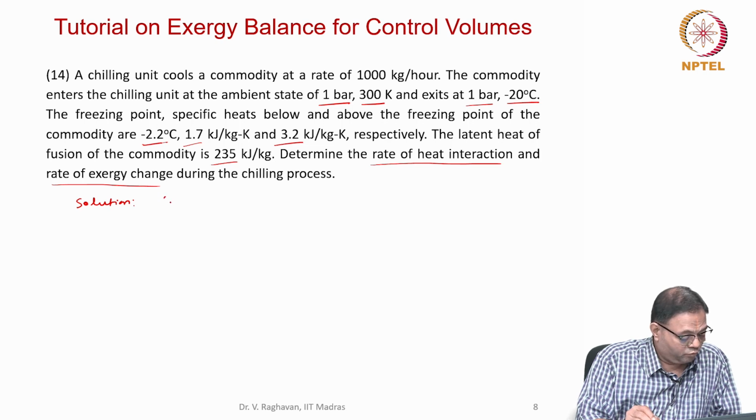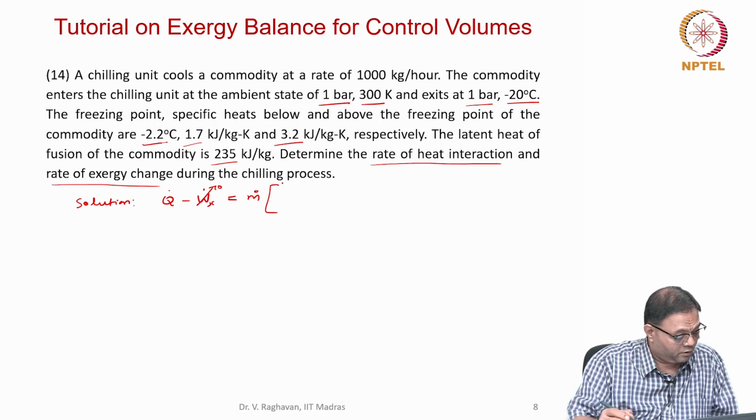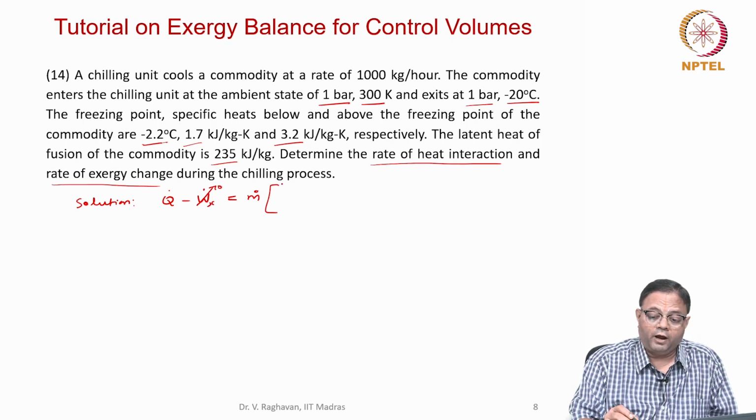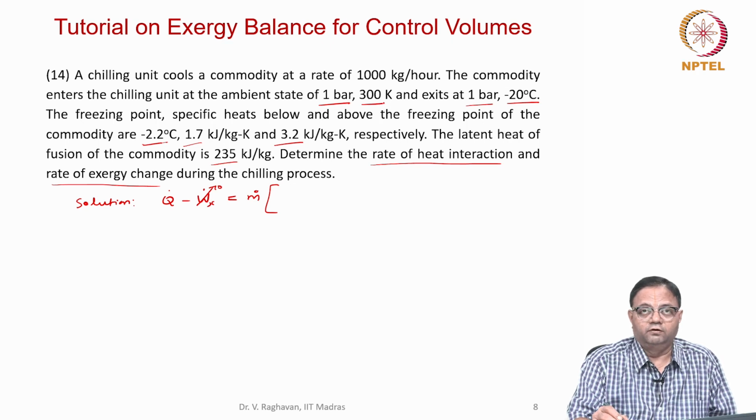First law: Q dot minus W dot, so that is 0, equal to m dot, that is 1000 kg per hour, into... first I have to cool it from 300 Kelvin, that is 27 degrees centigrade, to the freezing point, minus 2.2.